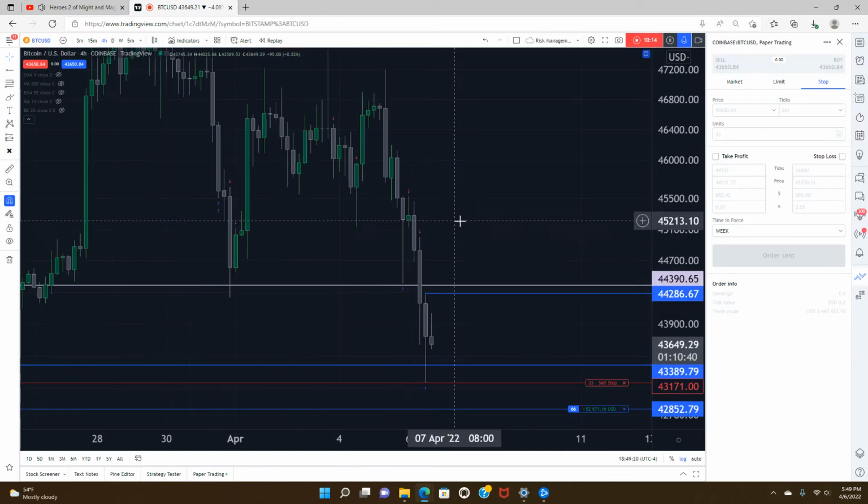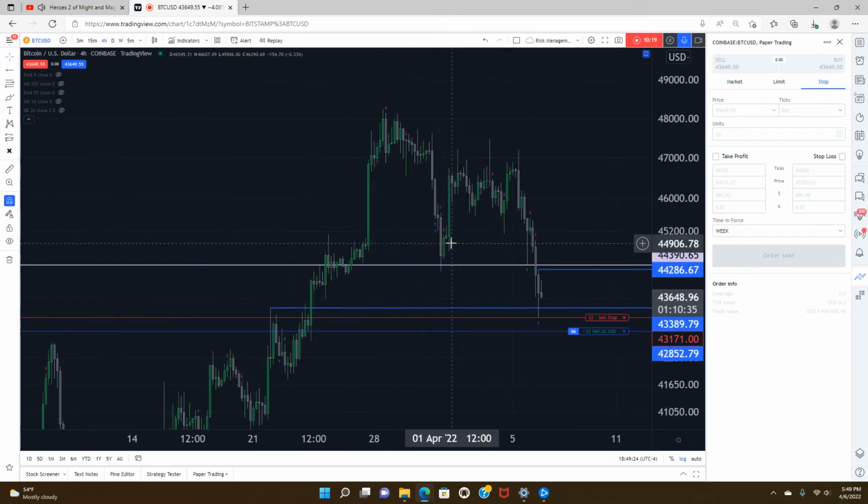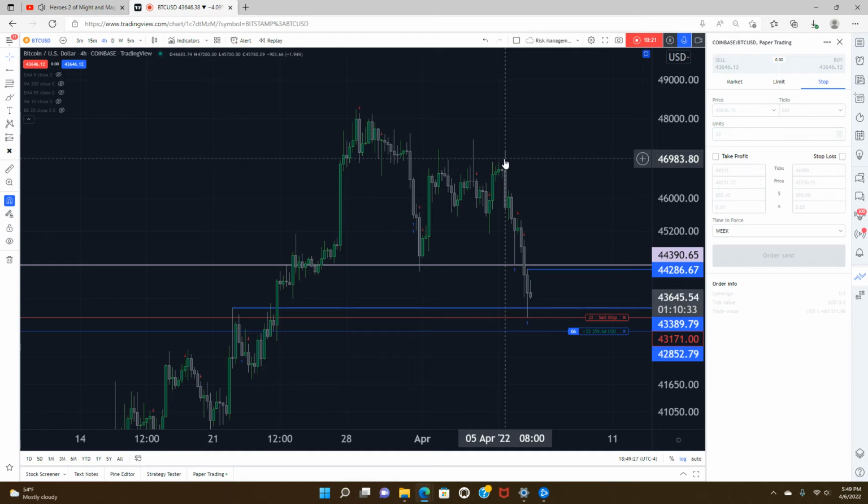Again, if you're bearish, you could be looking for shorts off the relief bounce. But after you see a movement like this, right, roughly a $4,000 move, that's not really the time to be piling into a short. If you are looking to build a short position, you probably want to be looking for a little bit of a bounce up into, potentially, say a 45,000 level, something like that.